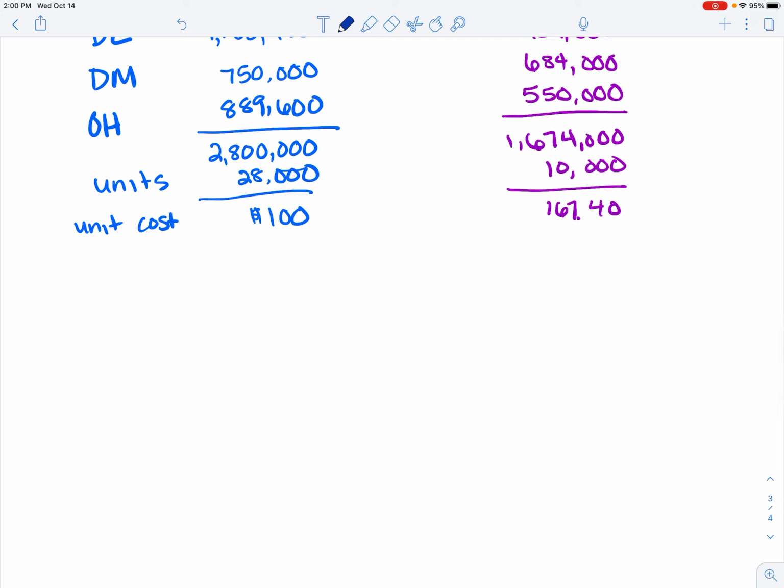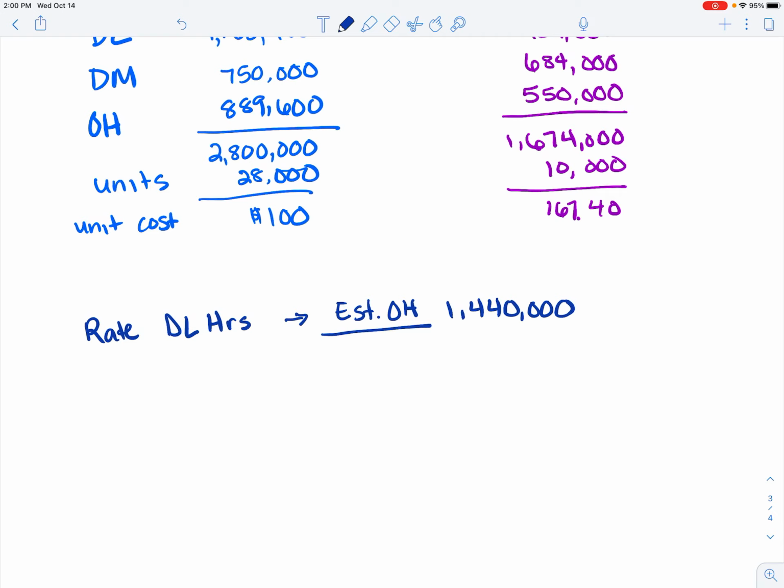So again, your rate based on direct labor hours: your estimated overhead is not going to change. That was 1,440,000.